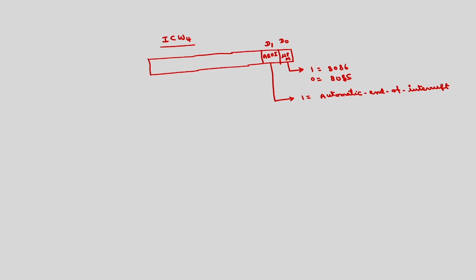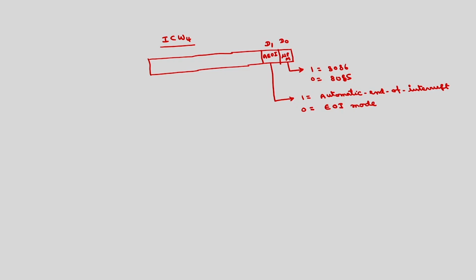Once the interrupt service subroutine is executed, to indicate that the interrupt service is completed, there are 2 modes of this interrupt service end process. One is automatic mode, and the other is simply manual mode. This is 1 for automatic mode and 0 for the default end of interrupt mode. I will discuss this in detail later.